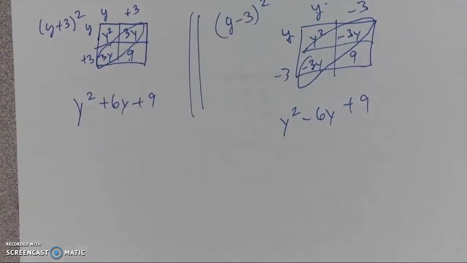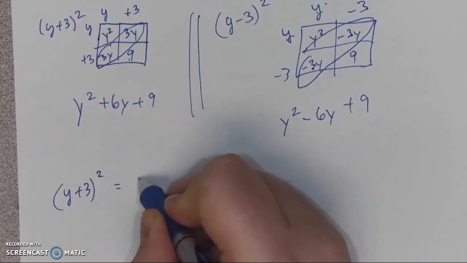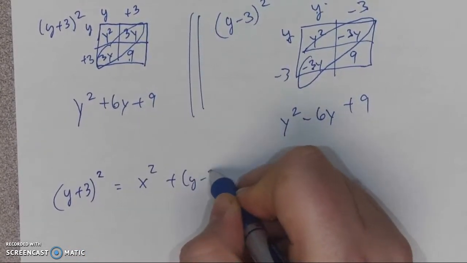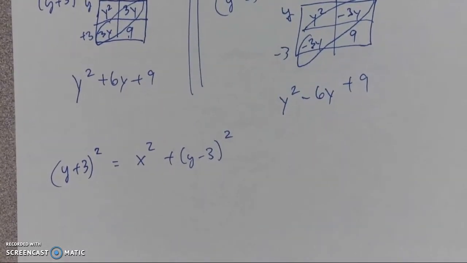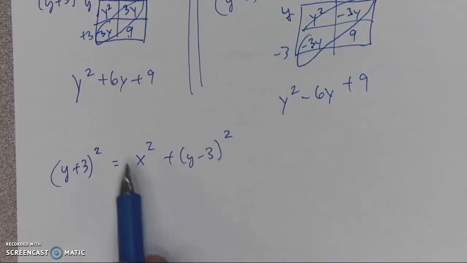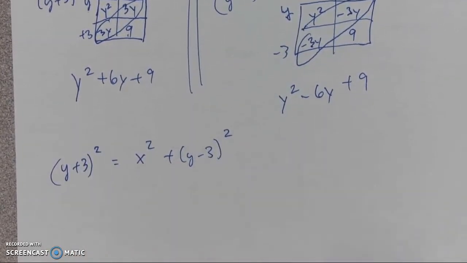So I can rewrite my equation, which was originally y plus 3 squared equals x squared plus y minus 3 squared, using what we got when we squared y plus 3 and y minus 3.